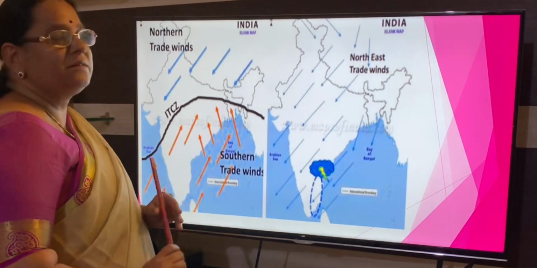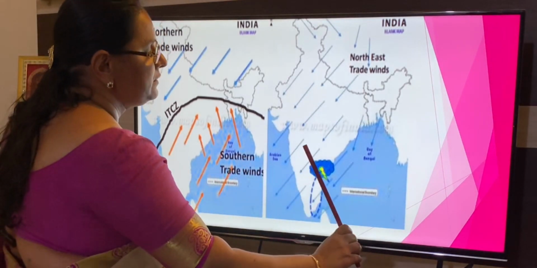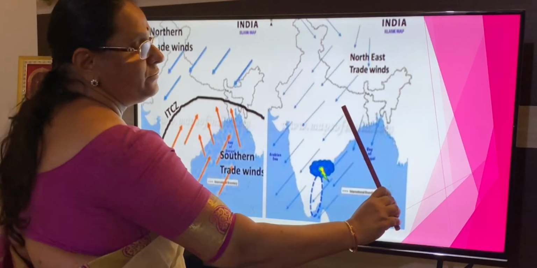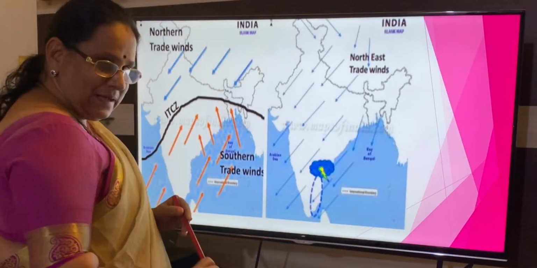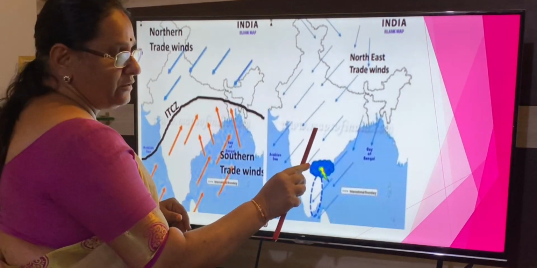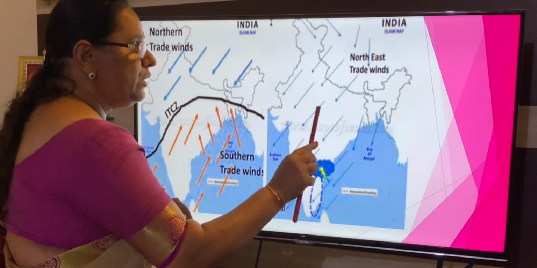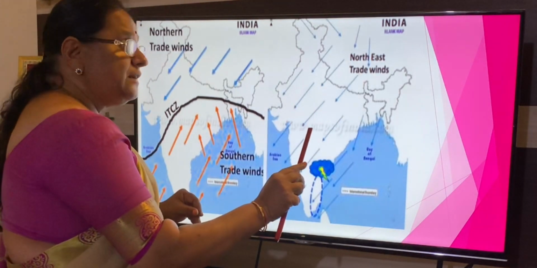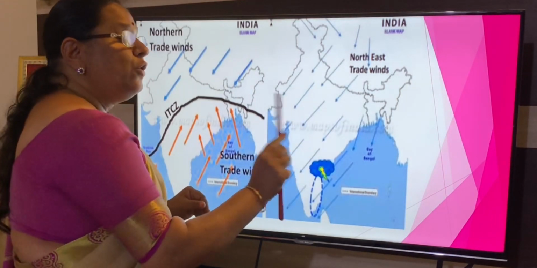Once again I will explain to you about northeast trade winds. First thing is, remember here, the wind was blowing towards the southwest direction. Now what will happen is, here they develop high pressure. Before it was low pressure, now it is converted into high pressure. The reason is because in early October we see there is a low temperature.